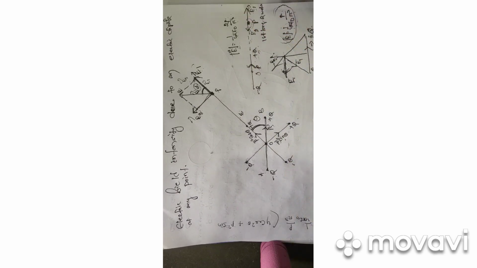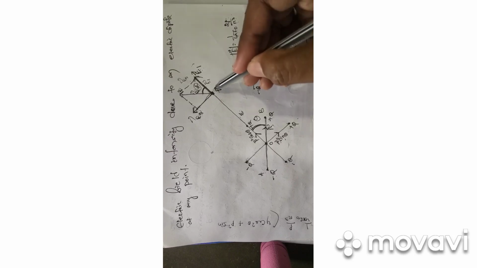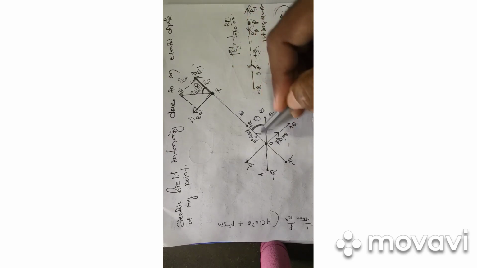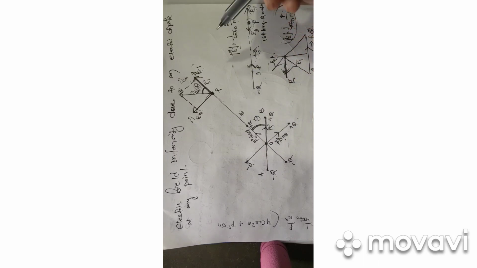We know the electric field intensity along the axial line is given by 1 by 4 pi epsilon 0 times 2p by r cubed. So the electric field intensity at point P due to the horizontal dipole can be represented as 1 by 4 pi epsilon 0 times 2p cos theta by r cubed.